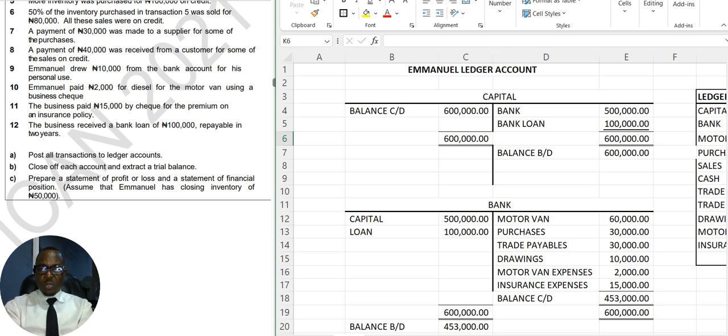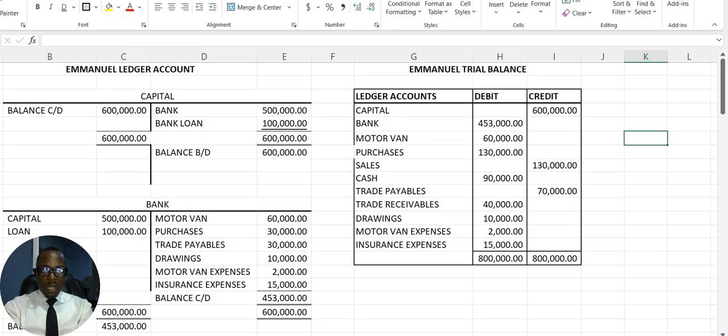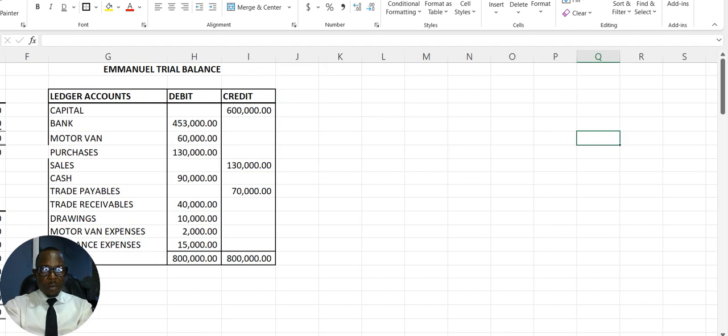All right, so we would have to have a full screen. Then we would move to this side, because we only need the trial balance to prepare those two that they ask us to do, and prepare them like this.